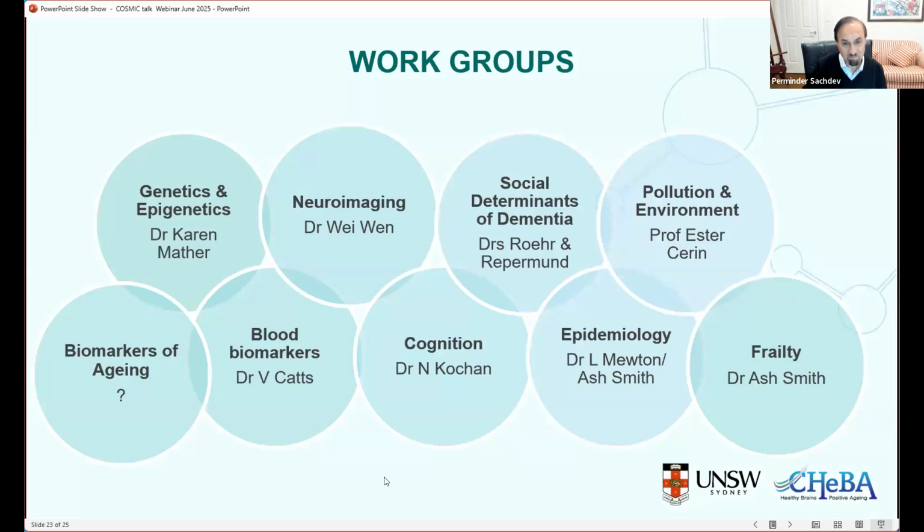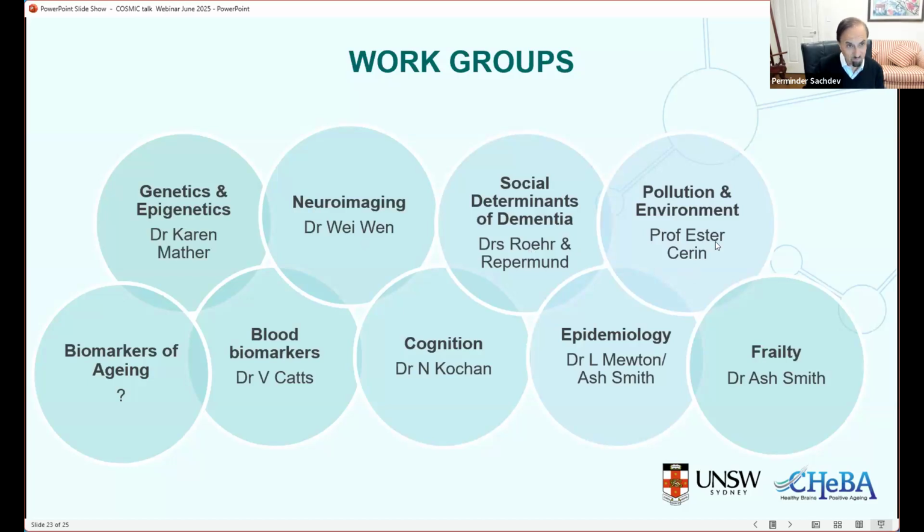Now, another development we are considering, and we hope to do that in the near future, is to develop work groups. We have been suggesting work groups, but there hasn't been a formal launch of work groups in the past. We have developed the epigenetics and genetics work group. There is a neuroimaging work group and a social determinants of dementia work group.